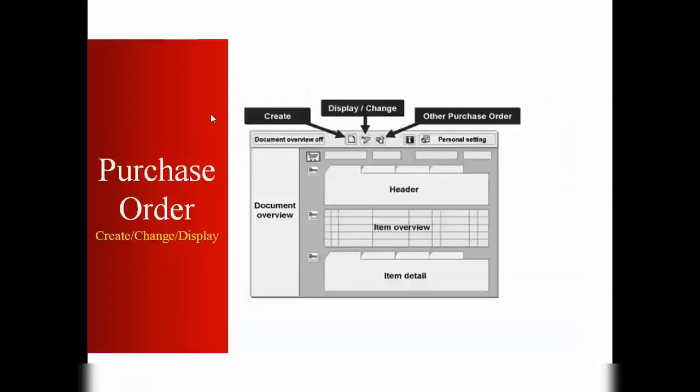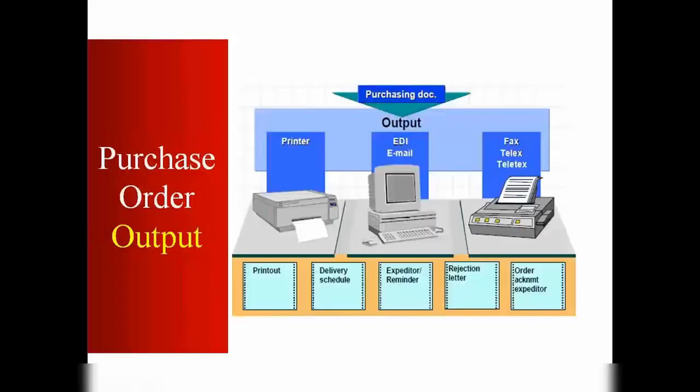Okay, next is output. Once we have created the order, we can send it to the vendor via an output. The output can be: we can print the purchase order and post it to the vendor, we can fax it, we can email it, or we can send it via EDI as well, electronic data interchange, so electronically it goes into their SAP system automatically.